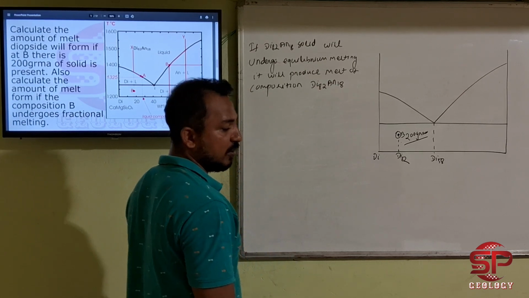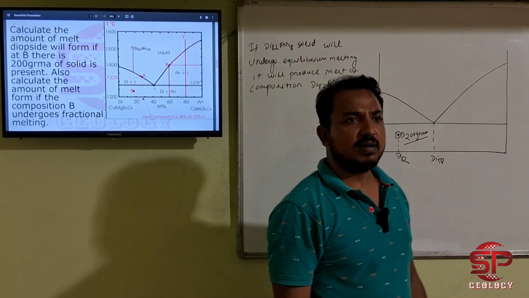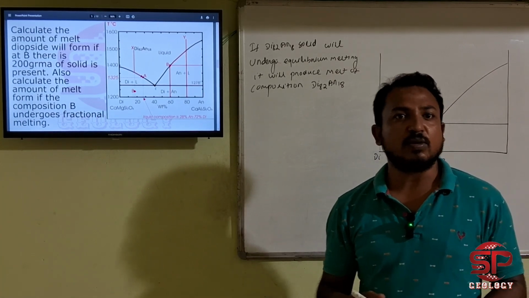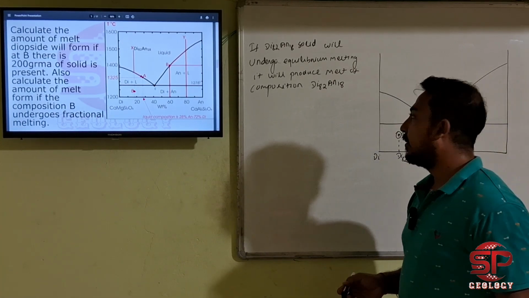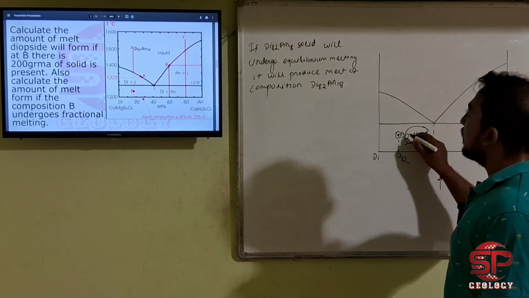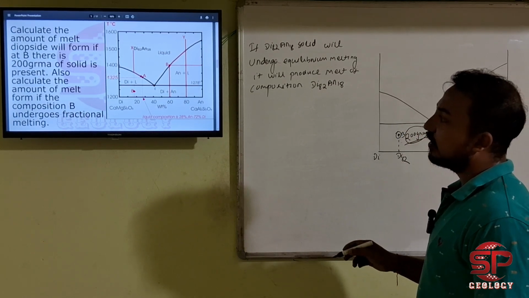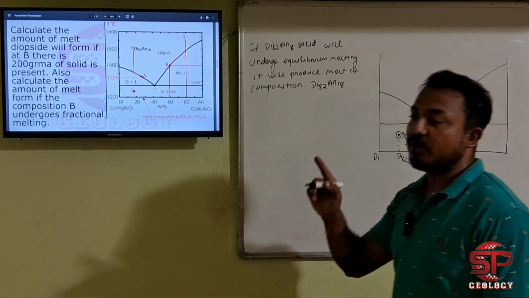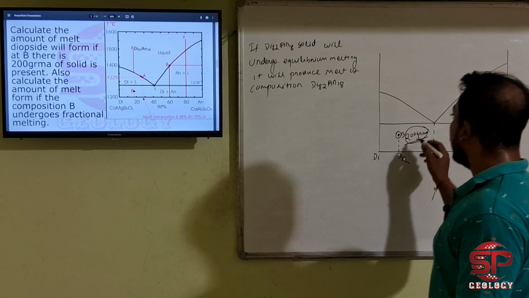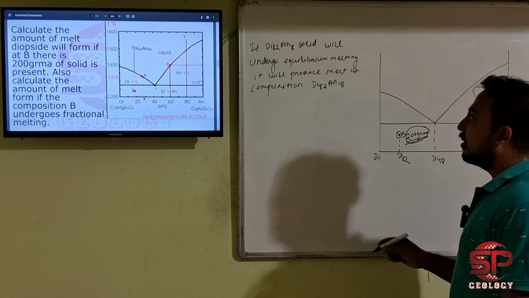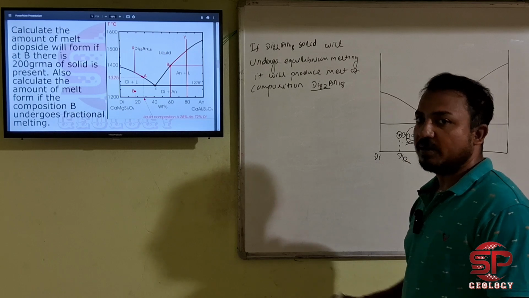So this is during equilibrium melting. In case of equilibrium melting, the composition of the solid is equal to the composition of the melt. That means 82% of the diopside of the initial composition will be found in the melt after melting.